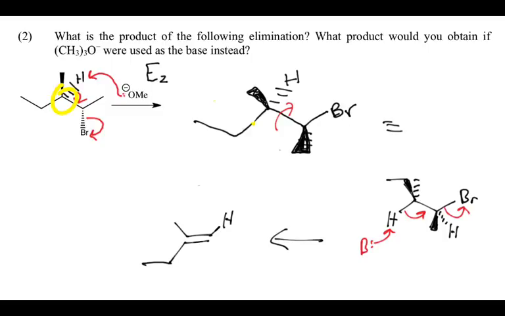So now you end up with this product, which is the Z product. I see you guys are all excited about this stuff. Does it make sense? I'll come to your question in a second.